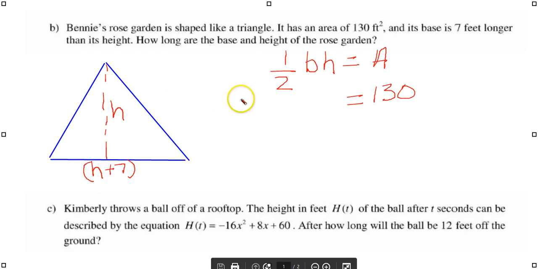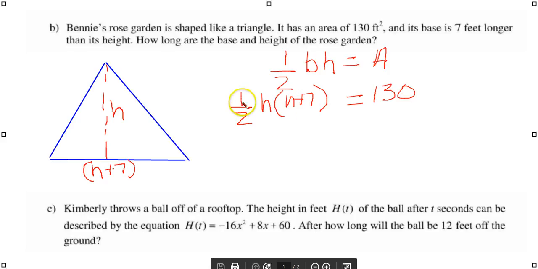So we're going to put in there 1/2 times h times h plus 7. So again, I've read this a couple of times. I knew I needed a triangle, and this helps me to visualize what I need, and you need to know this formula. So what's the first thing I would do?